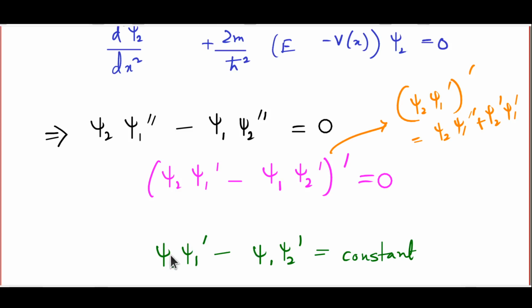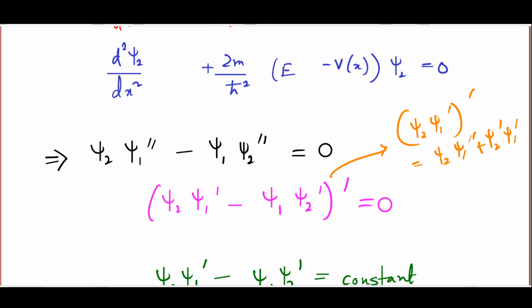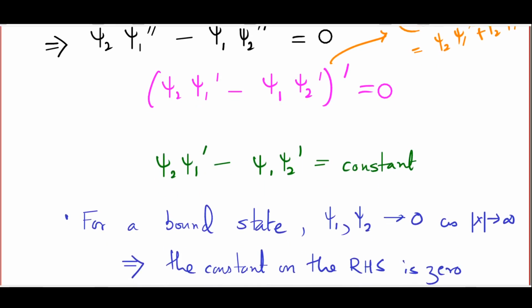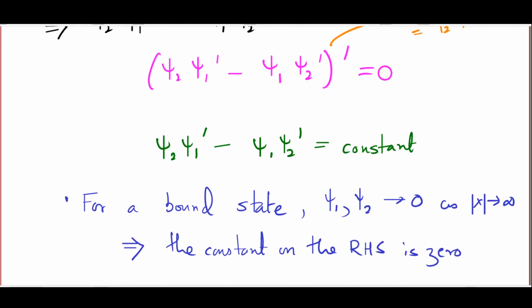But anyway, what you end up with is that the left hand side vanishes when you move very, very far away from the origin. But since this is a constant, it means that if it vanishes very far away from the origin, it has to vanish everywhere. So this has to be 0. Notice that this works only for bound states, because only for bound states do psi1, psi2 go to 0 as mod x goes to infinity.